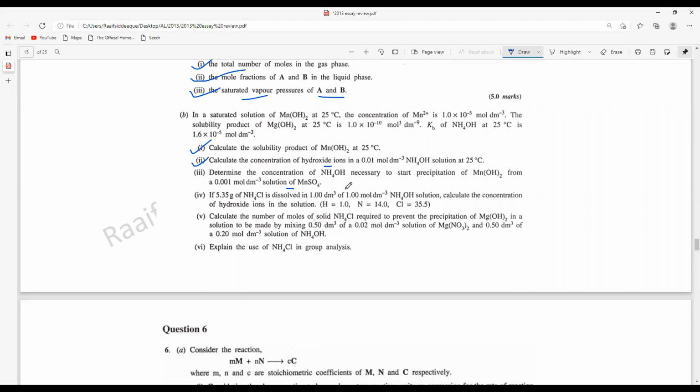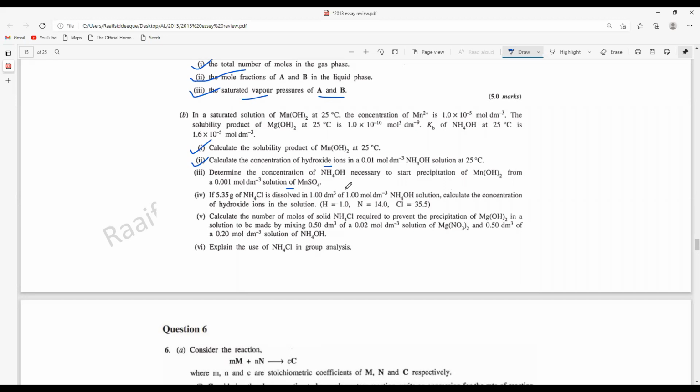So the idea is you have to find the amount of NH4OH that is necessary to precipitate manganese hydroxide. There is a solution here, and the concentration given is 0.001 M. This solution is MnSO4.